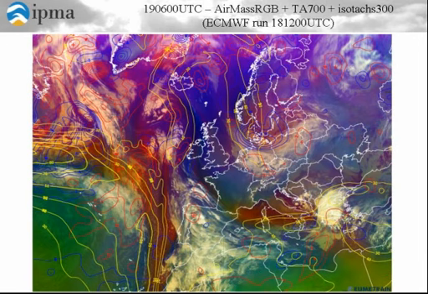So let's show you some nice features here with the temperature advection, and you can see this dipole of cold and warm advection. This is the occlusion, of course, and also here in this area we have this warm advection.